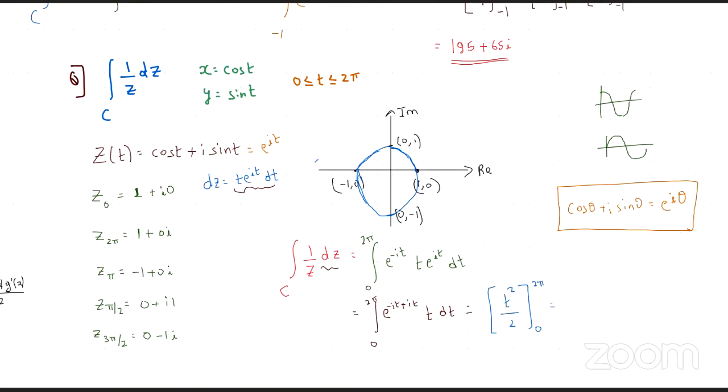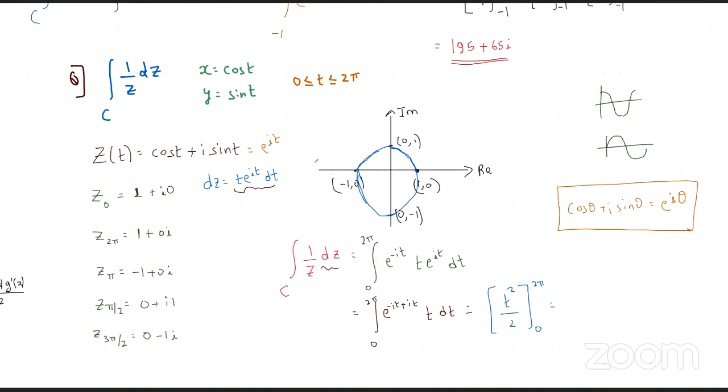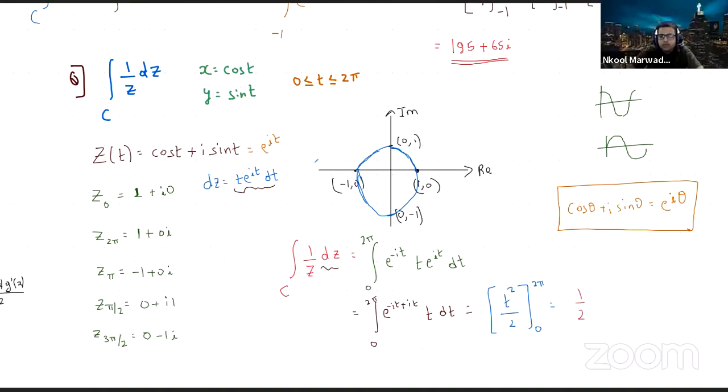Upper limit minus lower limit, that will be 2 pi whole square. You can take 1 by 2 outside, and it becomes 4 pi square minus 0. The final answer will be 2 pi square.